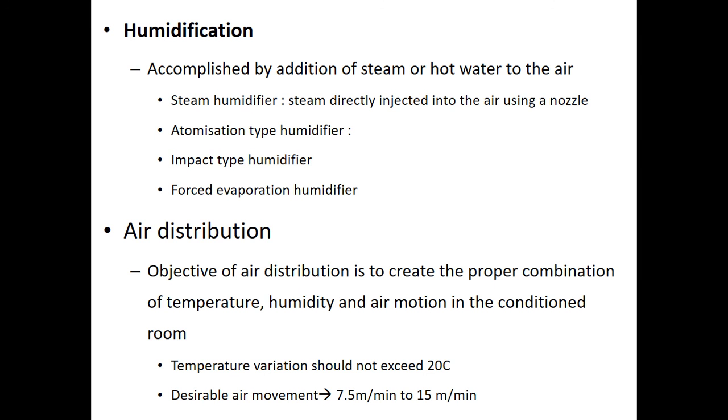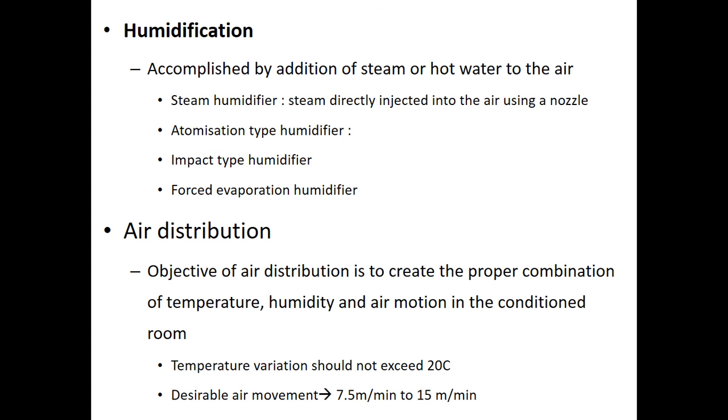Compressed air is used to draw water from the supply tank and blow it in the form of fine spray, fine mist, into the duct. Through this duct, the air is carried to the conditioned space. In the duct, this fine spray or atomization takes place, thereby increasing the water vapor content.